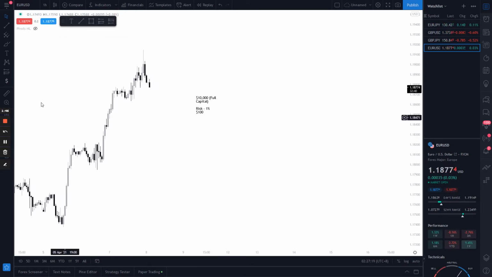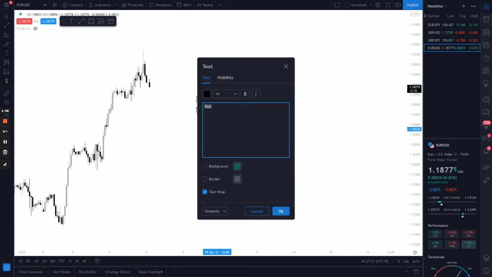So a 10 pip stop loss is the range between the entry to the stop loss itself, and we only intend to risk 1%, and 1%, as we know from this account, is $100. So how do you get a per pip value?